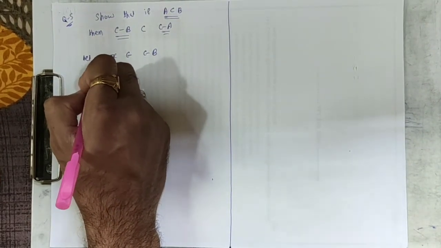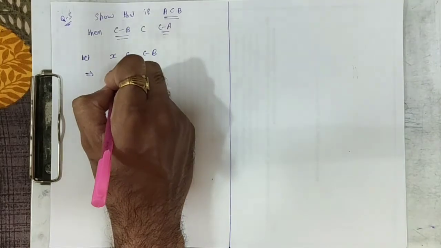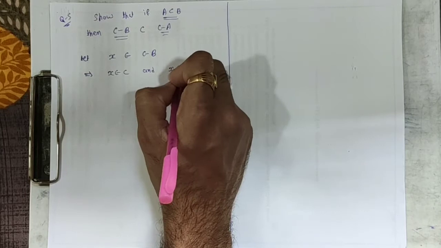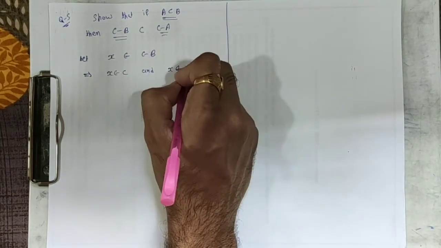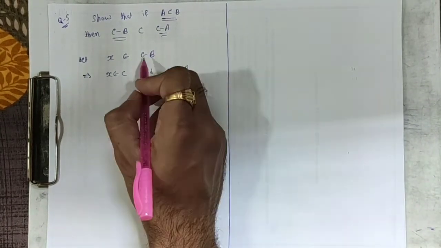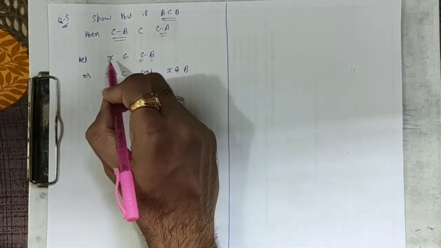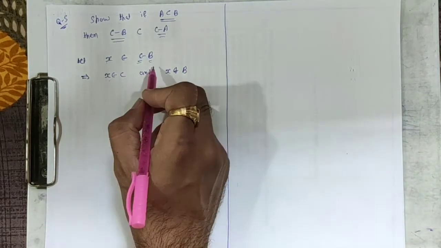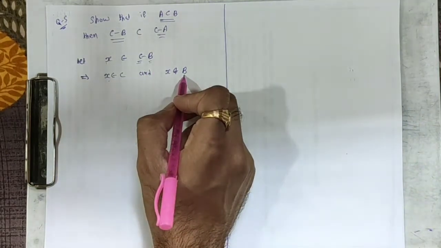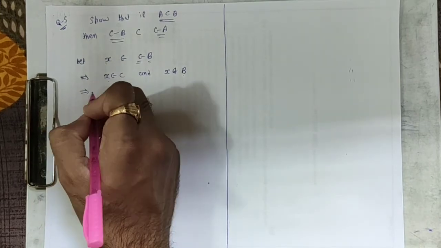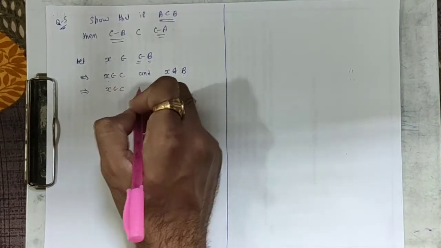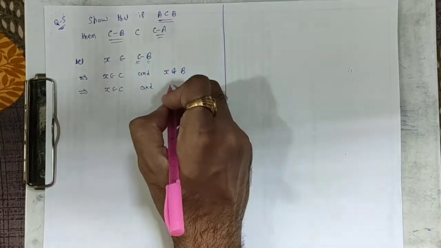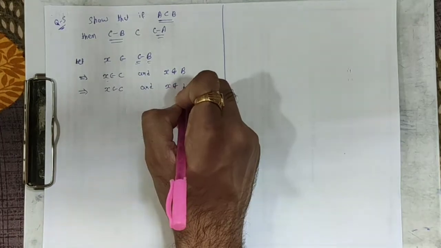It implies x belongs to set C and x does not belong to B. C minus B, all the elements of C except B, so x will be in set C but x will not be in set B. So x belongs to C and x does not belong to B. Now, x belongs to set C and as x does not belong to B, x will not belong to set A.